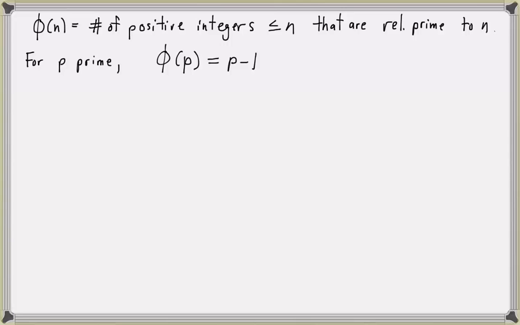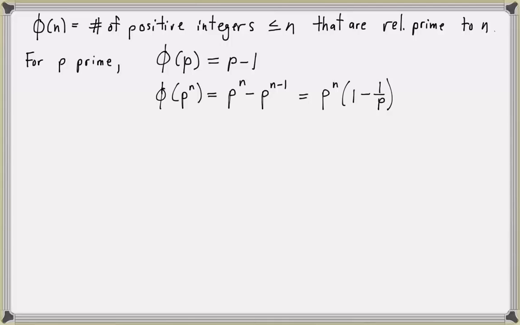And we've shown that for a prime power, phi of p to the power n would equal p to the n minus p to the n minus 1. If you factor out p to the n, another way to rewrite this is p to the n times 1 minus 1 over p.